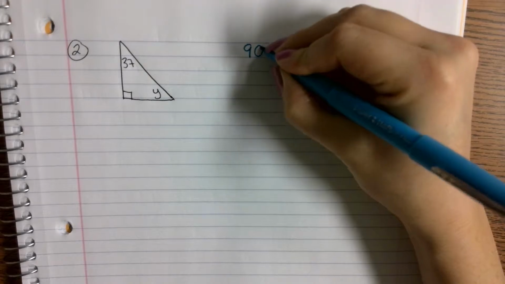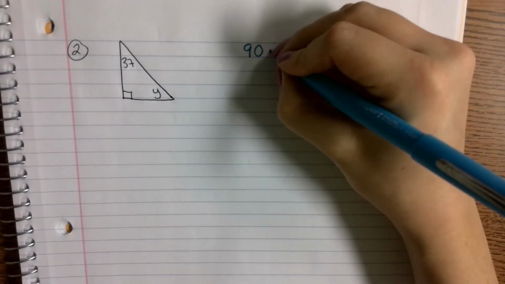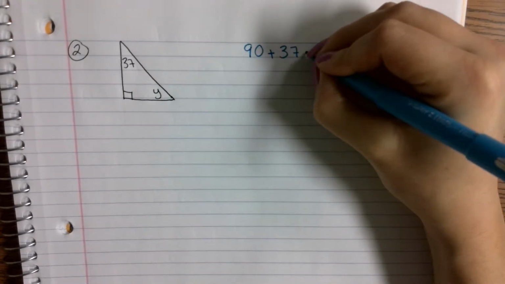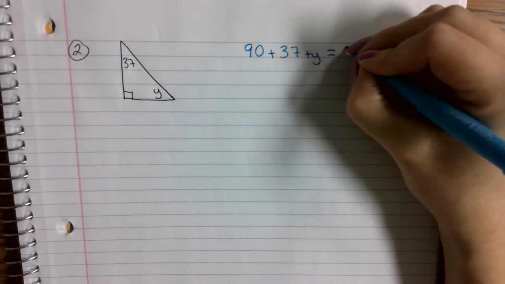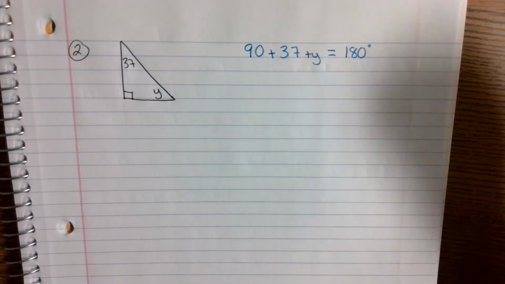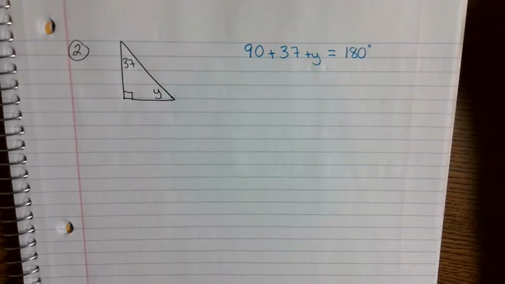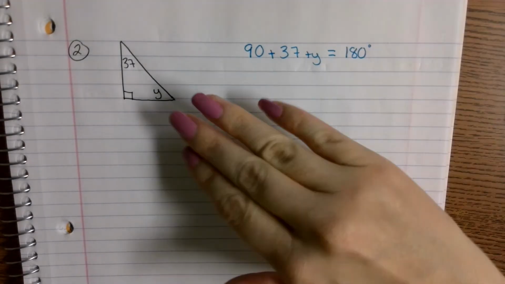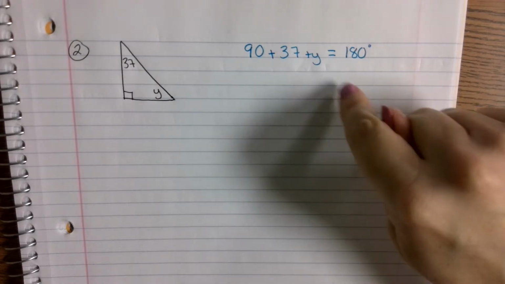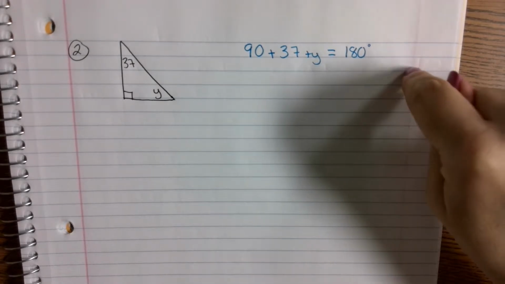Yeah, you have to have all three angles. The sum of all three angles, 90 plus 37 plus y, is equal to 180. Okay, you want to make sure that if they were asking you, what would the equation of that triangle be? You have to make sure that you're having three angles added together equaling 180.